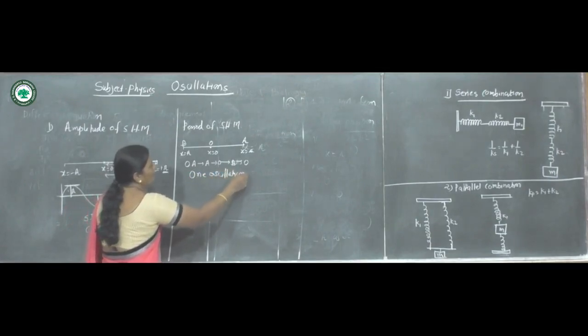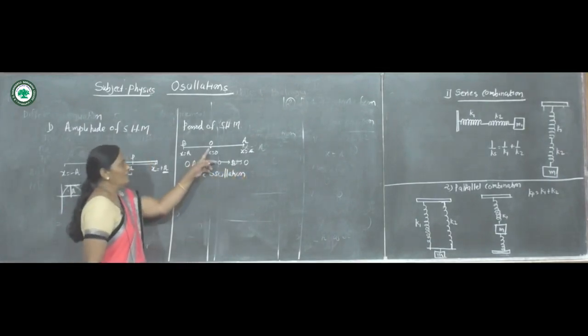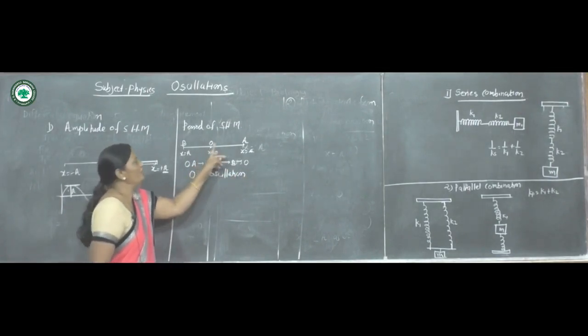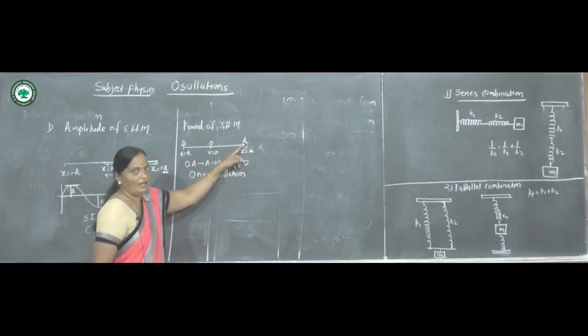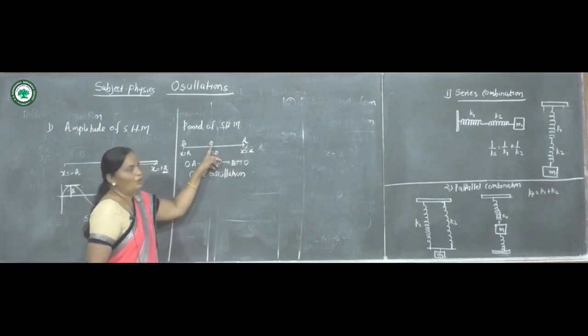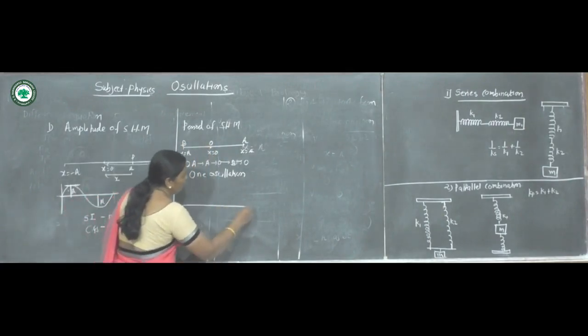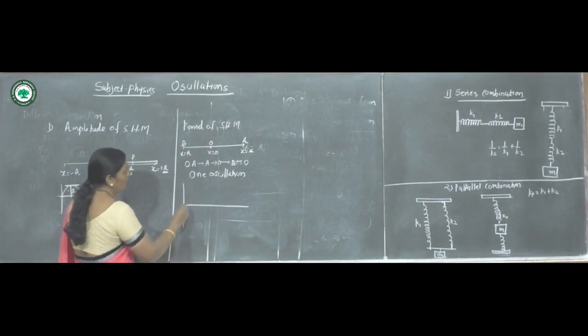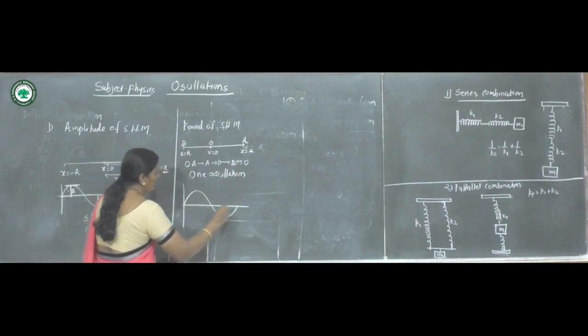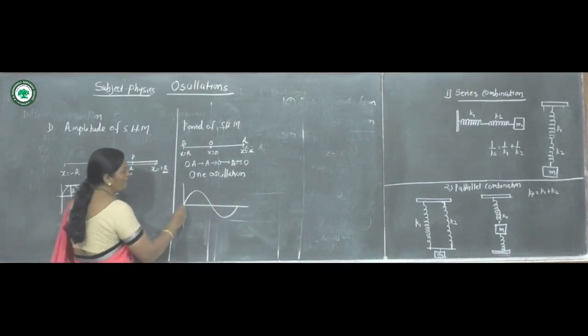Suppose the particle is here at the mean position. It moves from O to A to O, O to B, and B to O, which represents one oscillation. Now suppose we consider the harmonic function, starting from here.